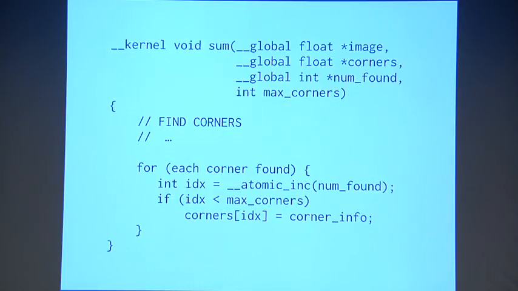You have local memory. You can use atomics on local memory, but you keep all of the communication local first to condense down your answer, and then use atomics to global memory.